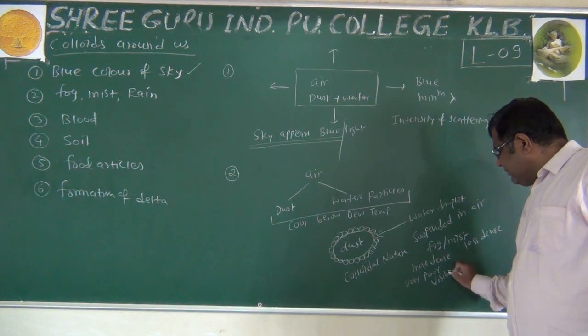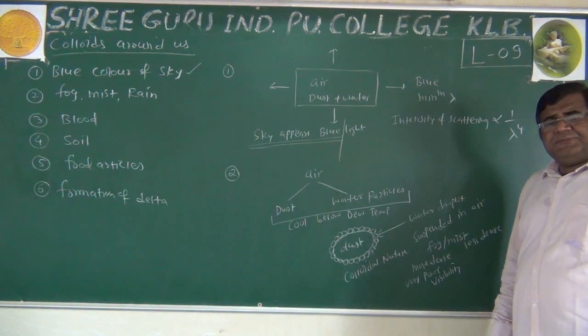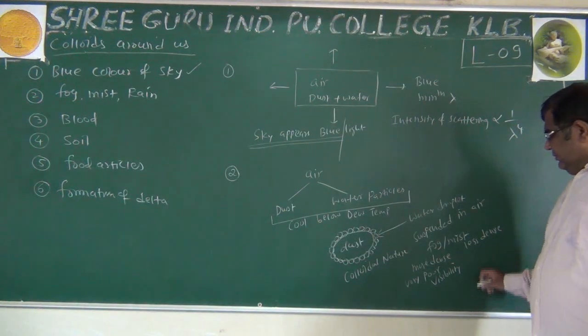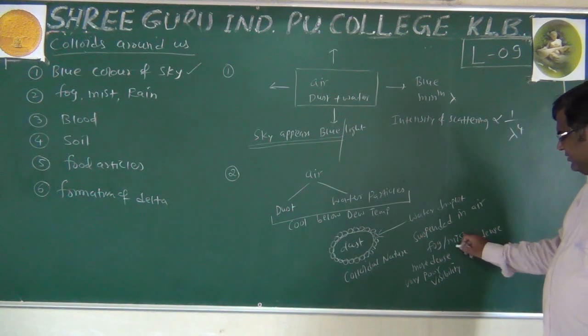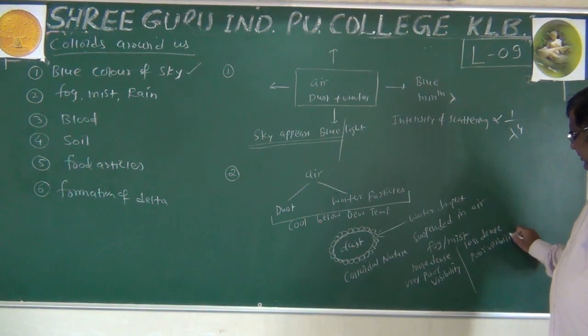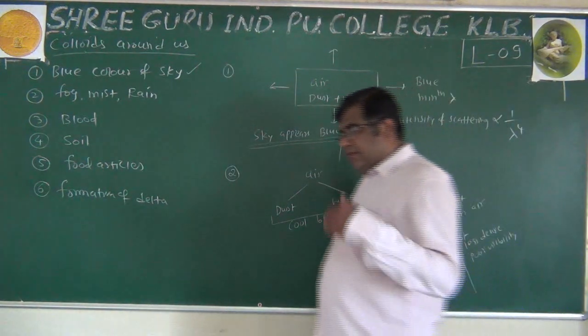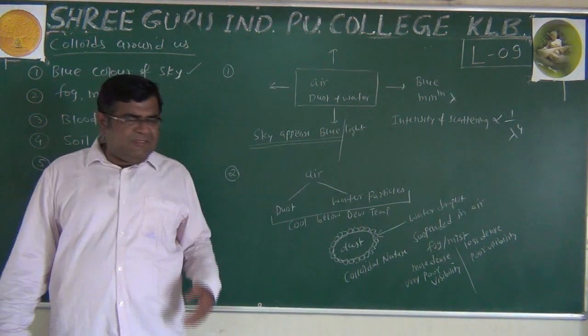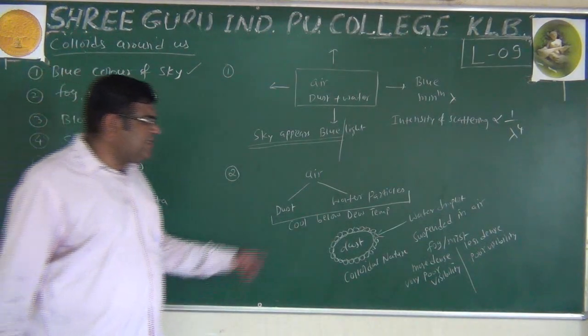If fog is there, we cannot see beyond too much distance, and in mist we can say that it has poor visibility but it is not as bad as fog. That is the difference between fog and mist. What are these?